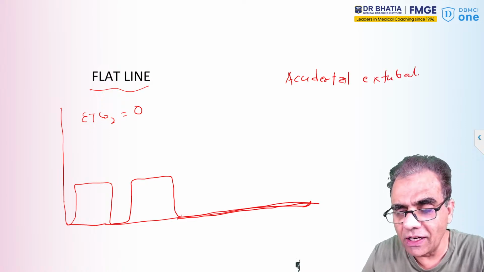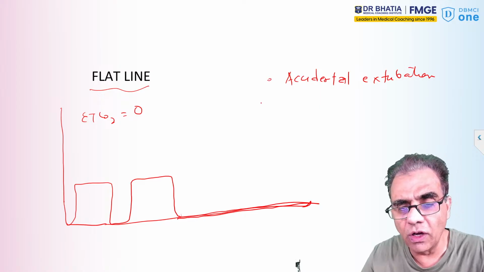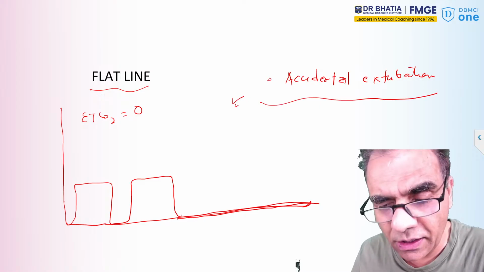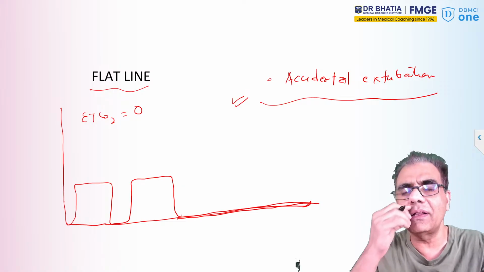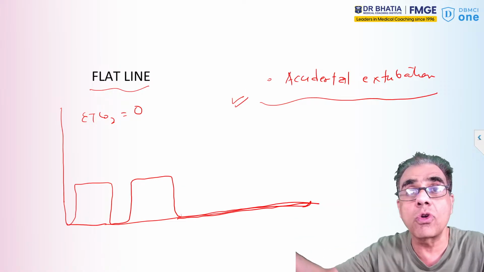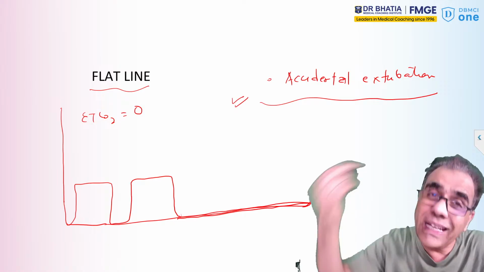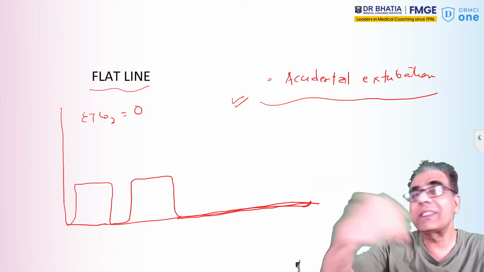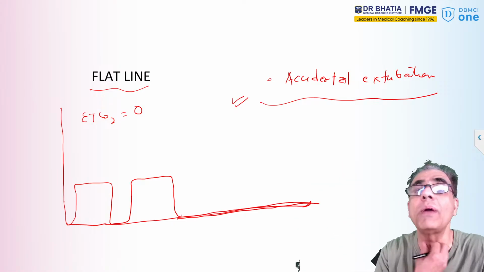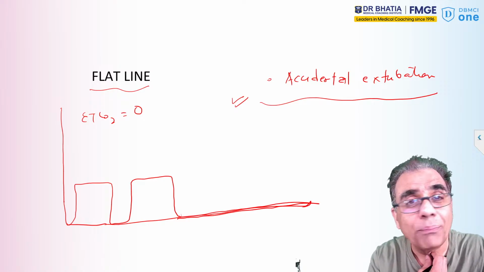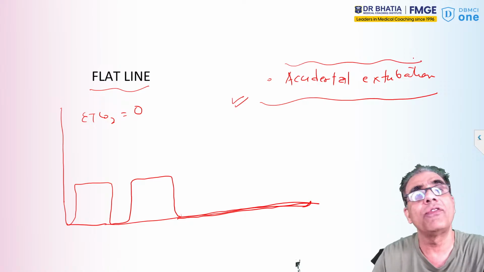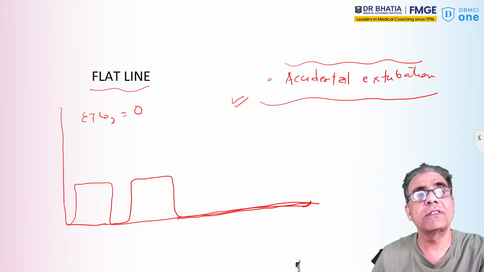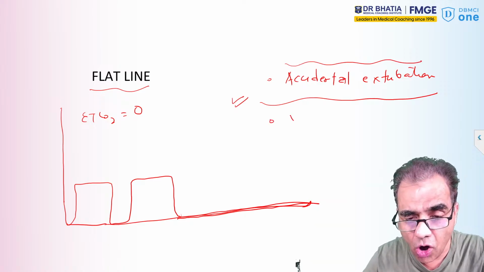If the tube is not in the trachea, from where will CO2 come out? Many people generally think extubation means the tube has come out. No, it has come out of the trachea and may have slipped into the esophagus or may be present in the pharynx. But still CO2 will not come.